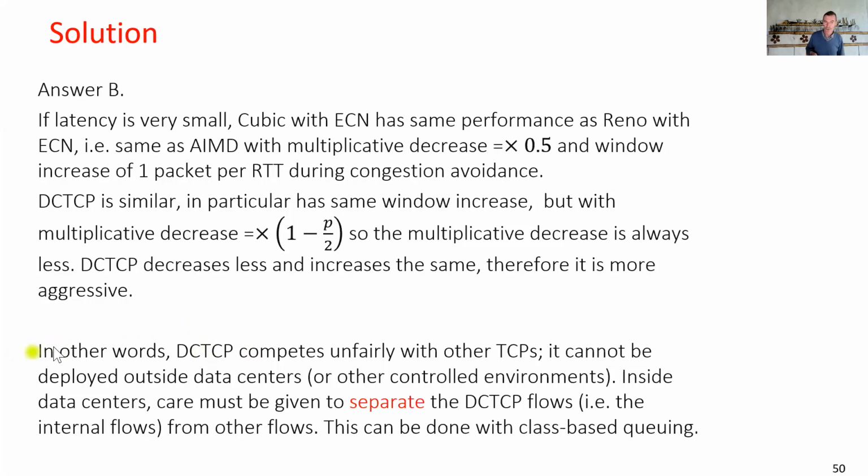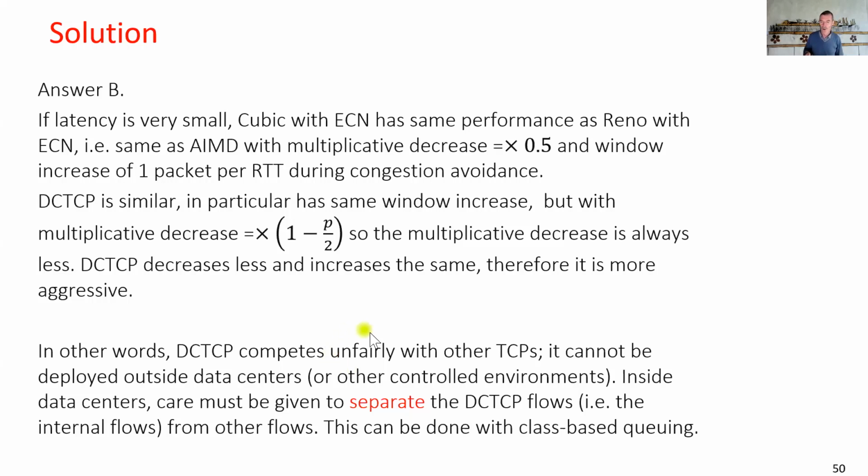But this is a problem. DC-TCP is a good solution if you are running a data center, for example, where all flows are running DC-TCP. That is probably true for all your internal flows, because you control, hopefully, the software that runs on your servers.